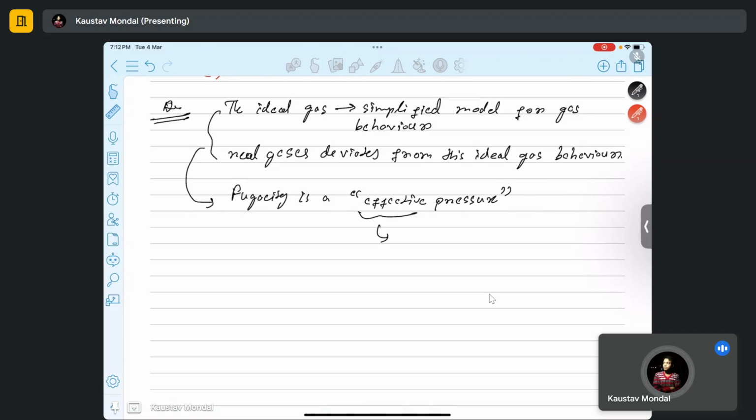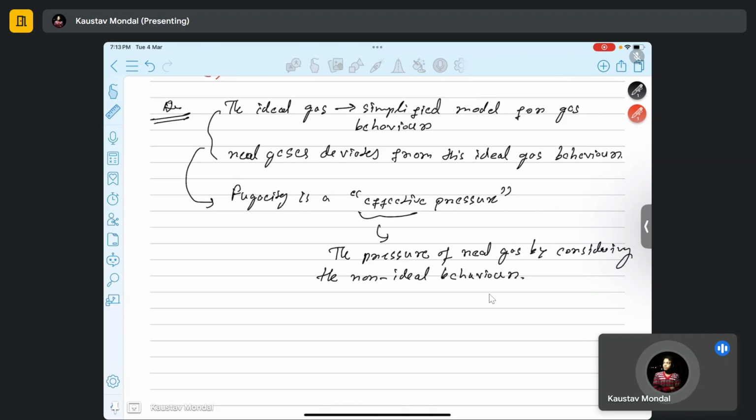Effective in the sense that it is the pressure of a real gas, not an ideal gas, that means by considering the non-ideal behavior. Okay, so this is basically the definition of fugacity.